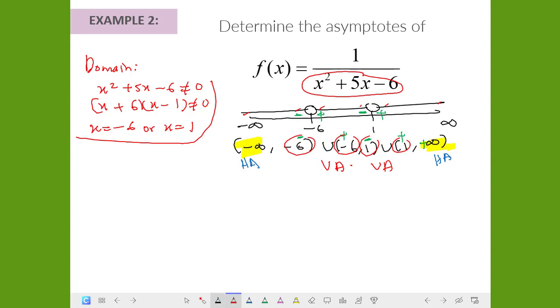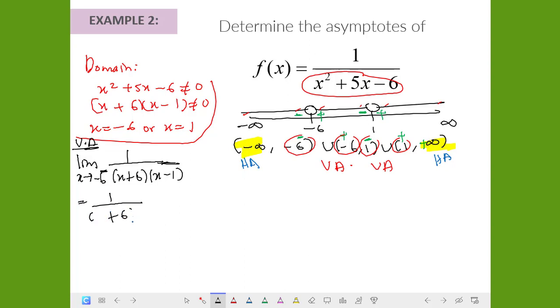Okay. Next step, substitute. Take the limit of this function for the vertical asymptote. To factorize. Okay, x approaches negative 6 from the left, and then substitute.